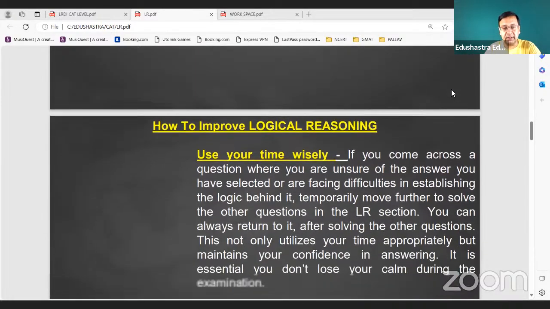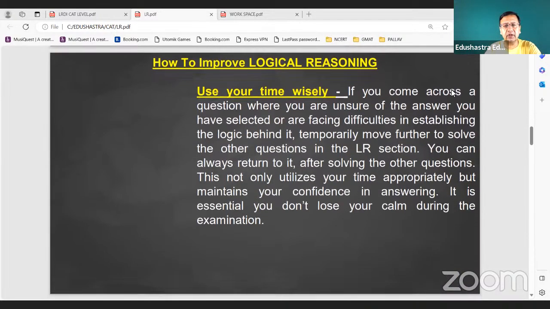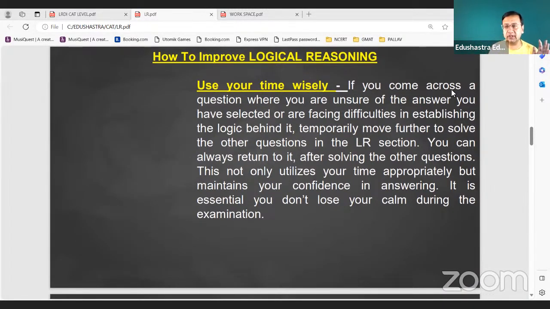Use your time wisely. In different examinations, for the logical reasoning section, you are getting different time limits. So just pre-plan your timeline. And how can you do this? You just try to solve the mock test on the online portal of EduShastra. When you are solving the online mock based on different examinations, then you will be able to manage your time, plan your time, and divide your time as per the questions required to solve in the examination.